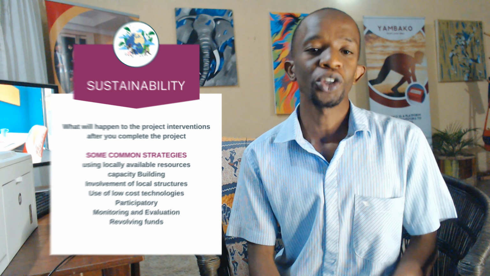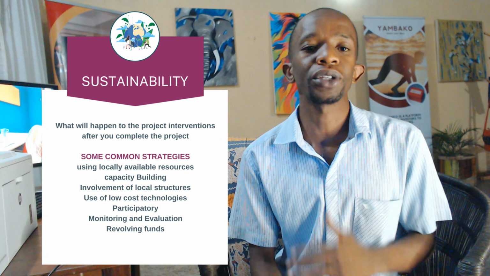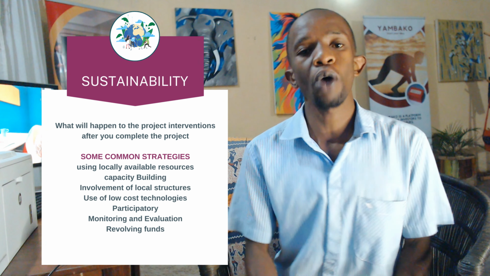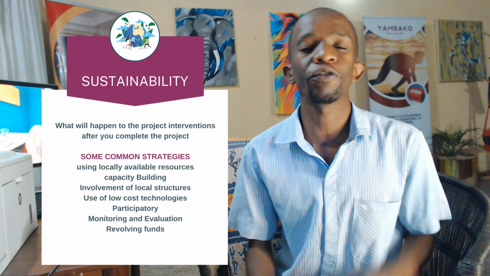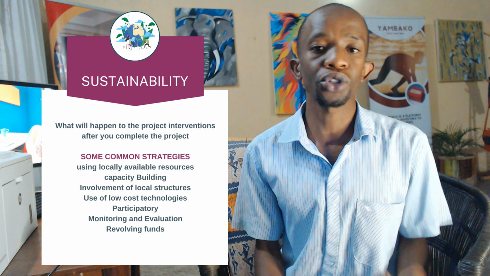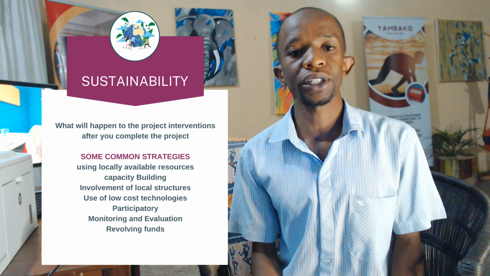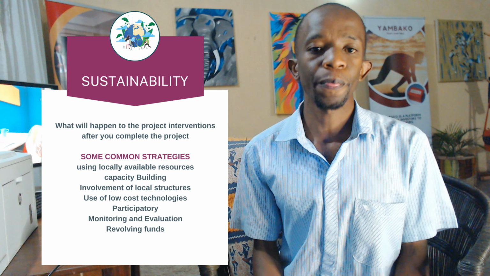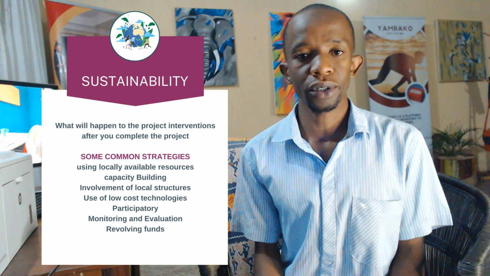And now coming to number 7, a component of a project proposal: sustainability. You need to come up with a sustainability strategy. How are you going to ensure continuity of project interventions after the project phases out? Different projects use different methodologies. For example, some projects use locally available resources.